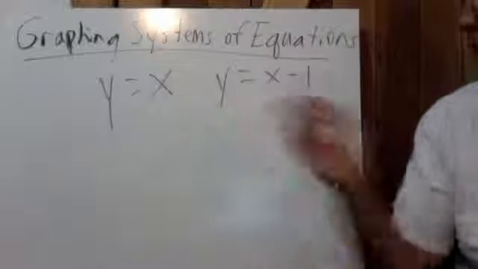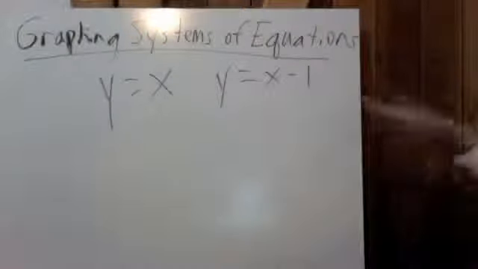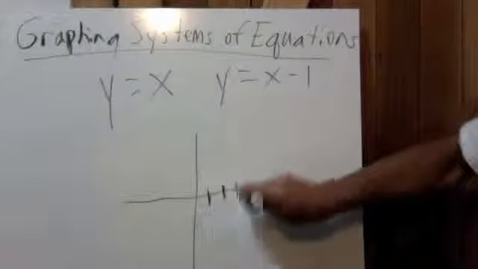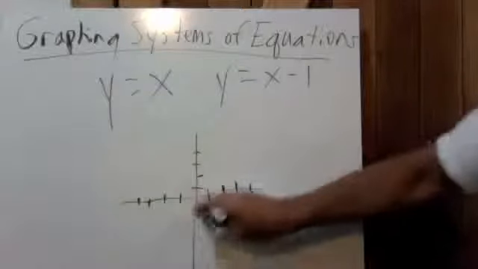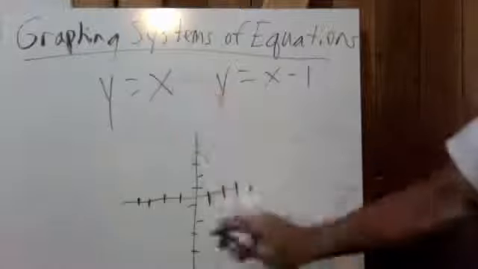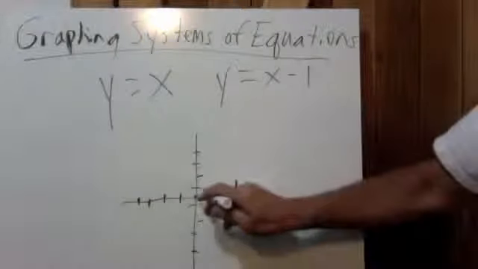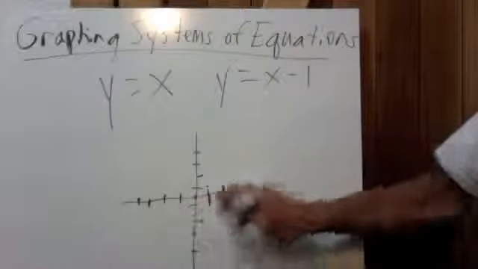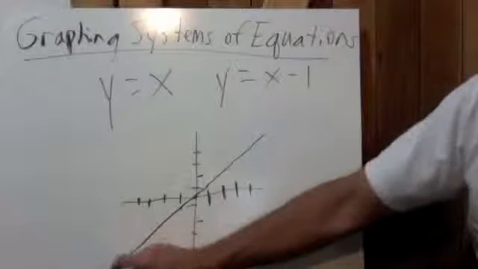First of all, those are both in slope-intercept form, so it makes them pretty easy to graph. I'll do a quick graph here. 1, 2, 3, 4, 1, 2, 3, 4. So y equals x means the y-intercept is 0, and it's got a slope of 1. So up 1 over 1 or down 1 to the left 1. So you're going to have a line roughly going through there.